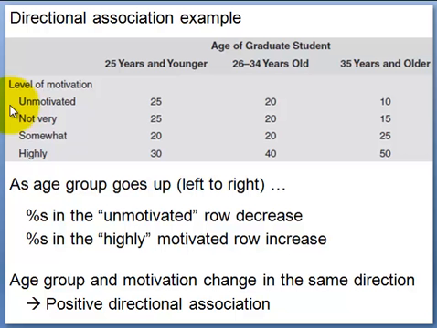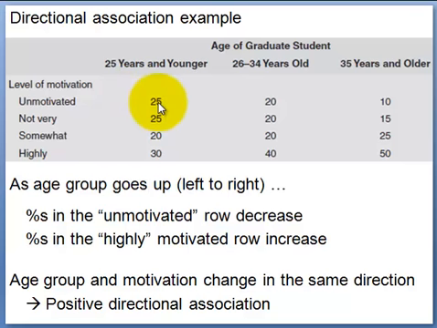I do the best I can at describing the directional relationship here. What I'd suggest we do is look at age group going up, which is from left to right, and then focus on the unmotivated and the motivated rows. So as age group goes up, what happens to the percentage of unmotivated students?